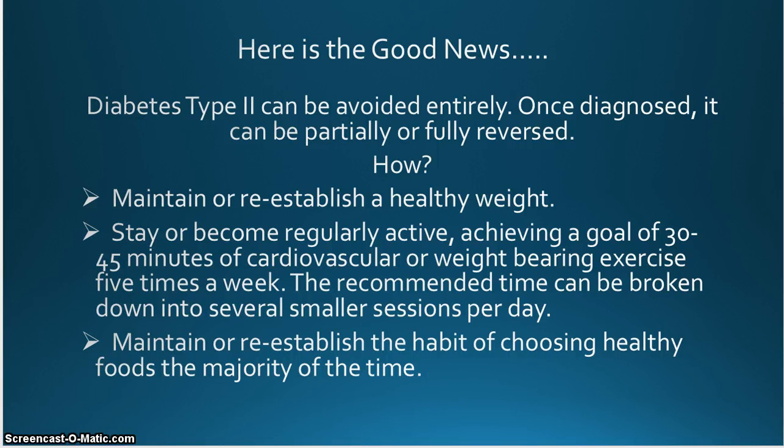That recommended time period can be broken down into several smaller sessions per day and still be beneficial if that is what works for a person. Maintaining or reestablishing the habit of choosing healthy foods the majority of the time. Those 3 things help us avoid or reverse the effects of type 2 diabetes.